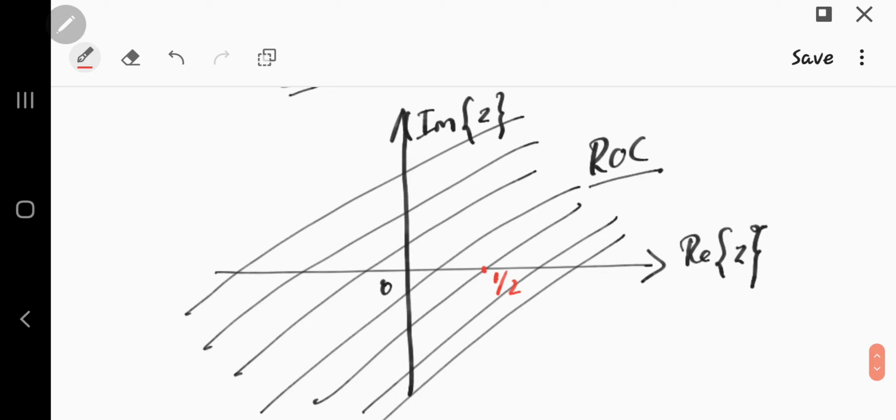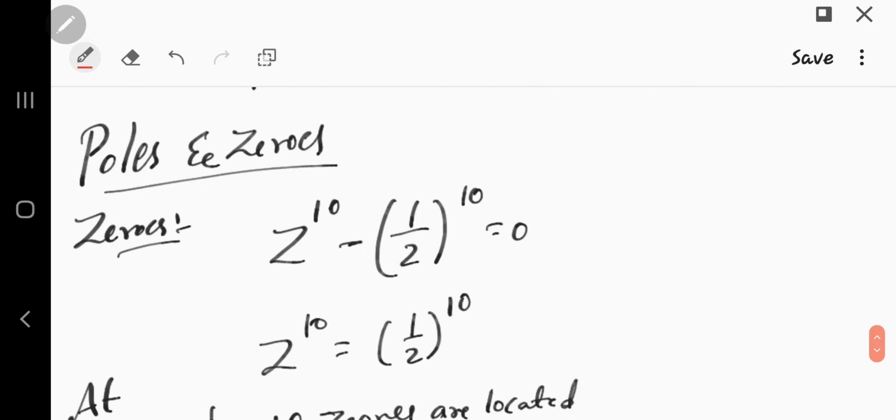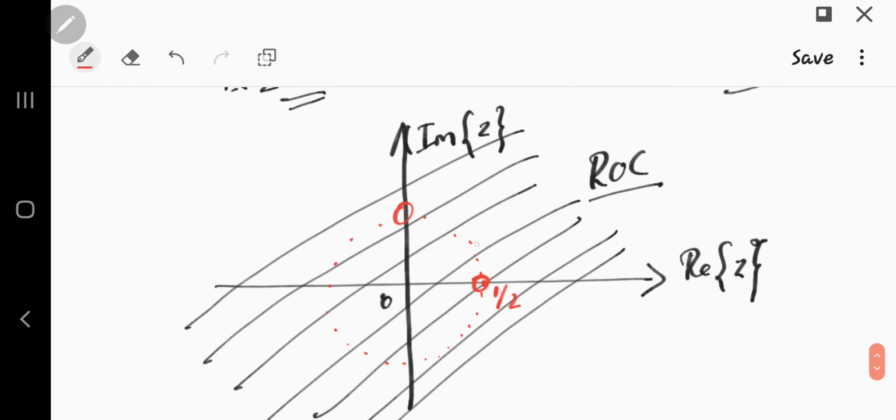Now starting from this, we don't have any circle, but at a distance 1 by 2 from the origin we have 10 zeros. So 1 here, 1 here, 1 more here.